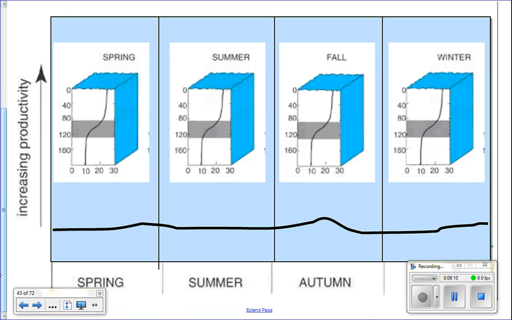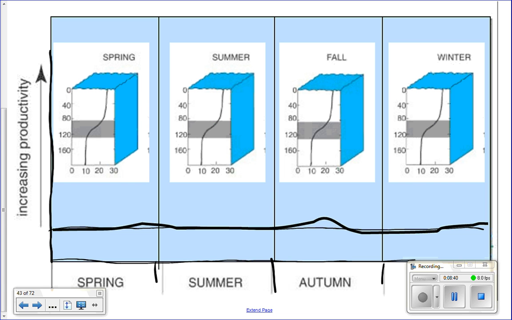So here's what you need to draw. This axis on your graph is going to be the population size of the phytoplankton, and the bottom axis you can divide into your 4 seasons: spring, summer, fall, winter. All you need for the tropics is a straight line, because no bloom occurs.